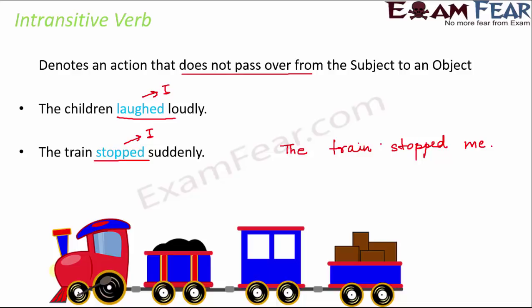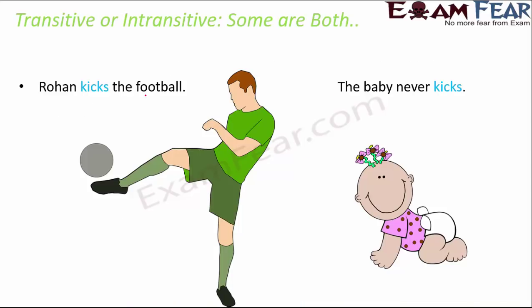So the train stopped me. In that case, if you ask the train stopped whom, the answer would be me. Or the train stopped what? So you get an answer. So in that case, you say that you have an object. But otherwise, in this case, stopped is an intransitive verb.